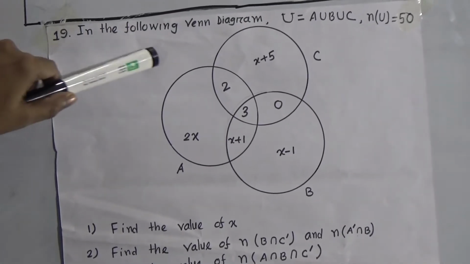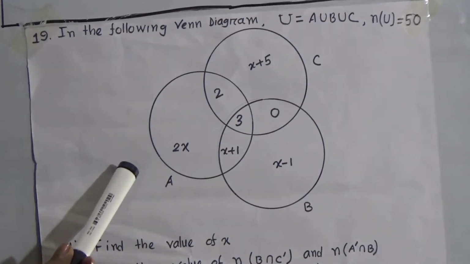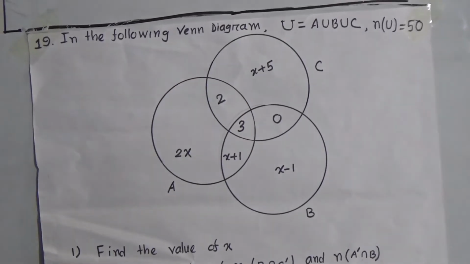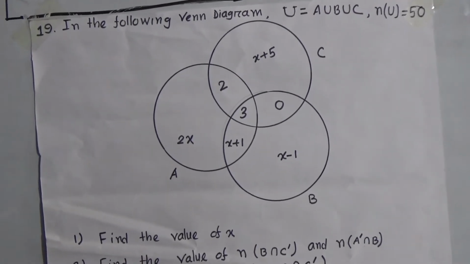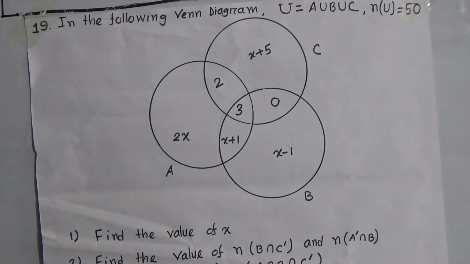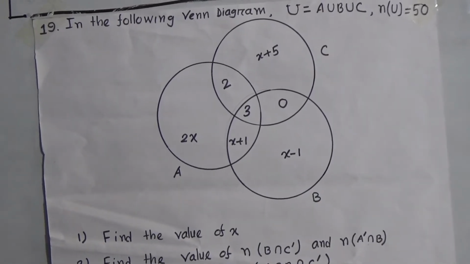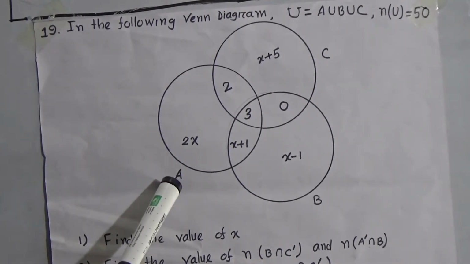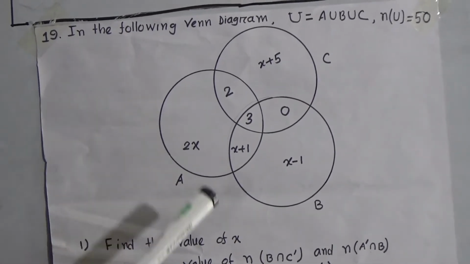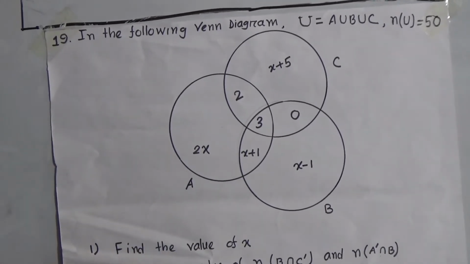In the following Venn diagram, you see the universal set equals A union B union C, and the number of the universal set is equal to 50. Then you see the diagram. In set A, the elements are 2, 2x, x plus 1 and 3.